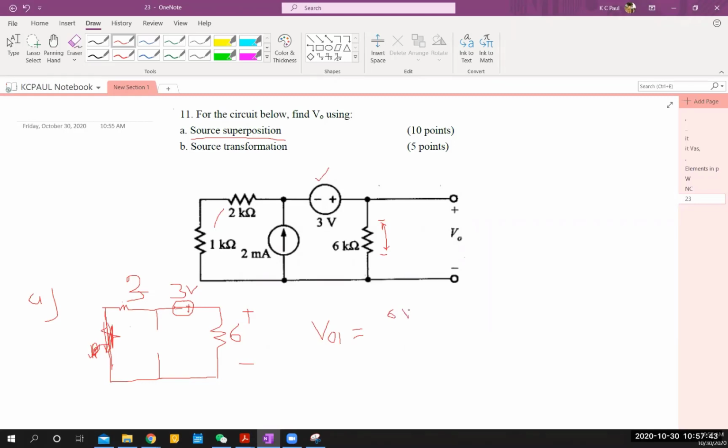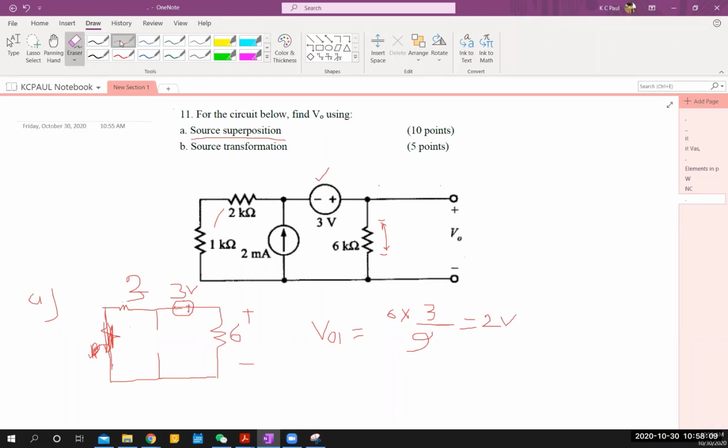So 6 times the current is basically 3/9, right? So how much? 3 over 9 times 6, 2 volts. So VO1 is done.